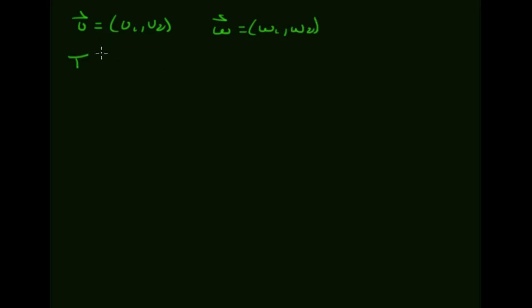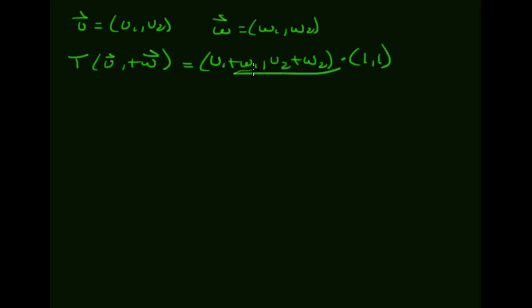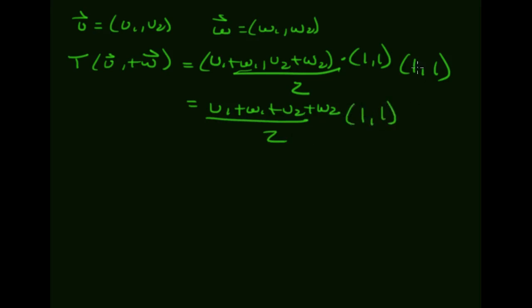So this means that T of U plus W is going to be U1 plus W1, U2 plus W2 dot 1, 1 over 2 times 1, 1, right? So that is the big sum, U1 plus W1 plus U2 plus W2 over 2 times 1, 1, right?